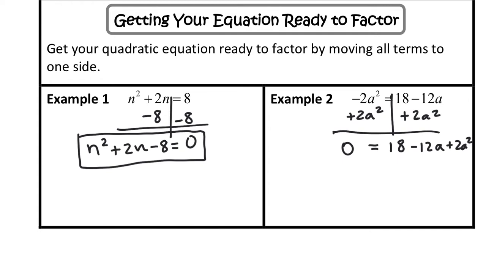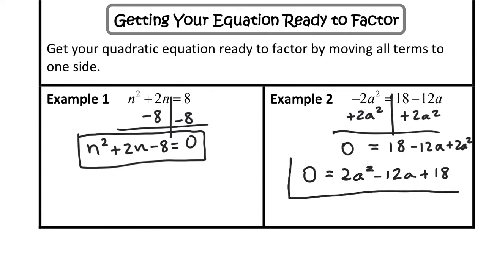So 0 equals 2a squared minus 12a plus 18. Notice I didn't change the signs. I just put the positive 2a squared at the front, the negative 12a second, and the positive 18 last, so that it's in standard form.